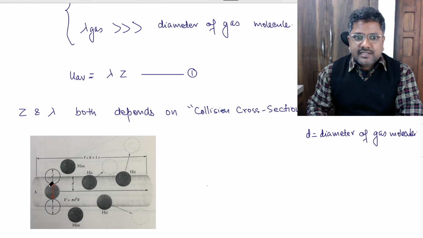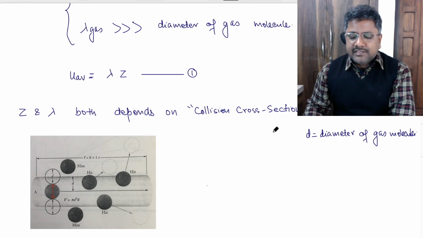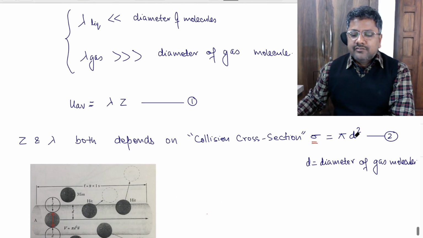So this D is the diameter of the gas molecule, and this collision cross section sigma is basically a very important quantity, and this Z and lambda both depend on this.